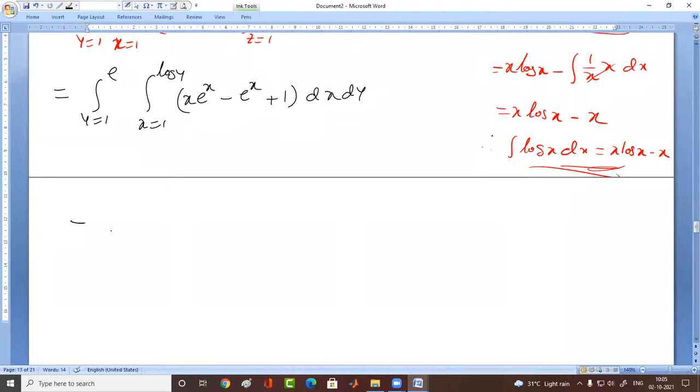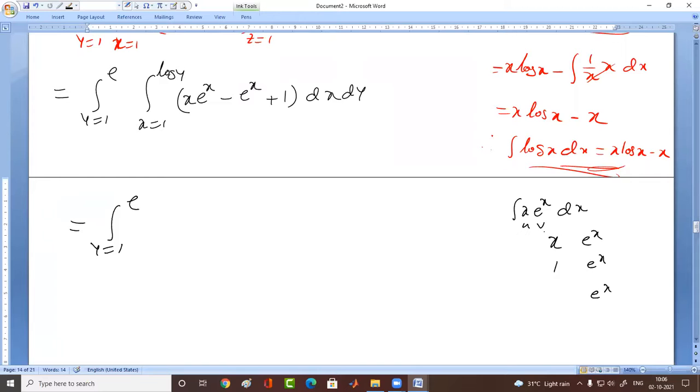Y is 1 to e. Now again, what is the integral of x e power x? Again use the uv formula or use the shortcut trick. I will explain the shortcut trick. First term is u, second term is v. Find the derivative of x, which is 1, and the integrals of e power x, which are e power x again.